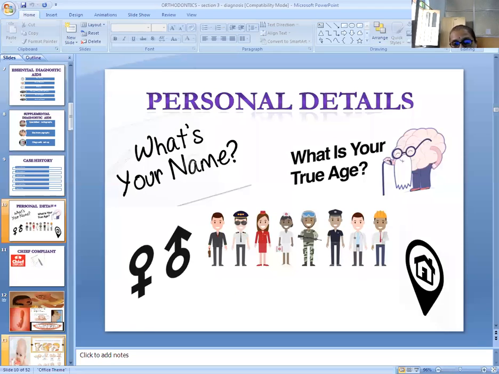So when we call a person by his name, the person feels that this clinician or this doctor has some nice interest in my treatment because he remembers my name. So this is why the name is important.